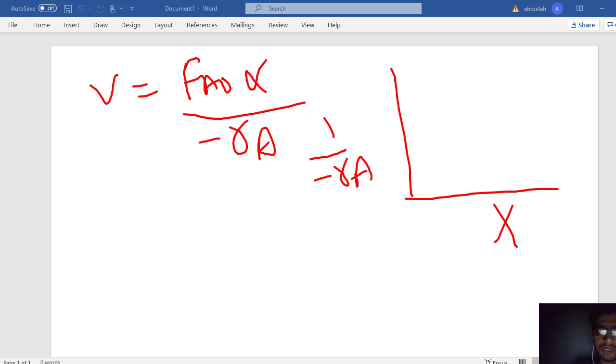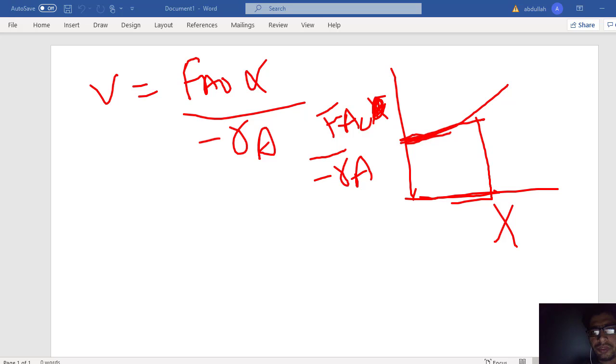This was FA0. Now the area of this rectangle shows us the volume of the CSTR reactor.